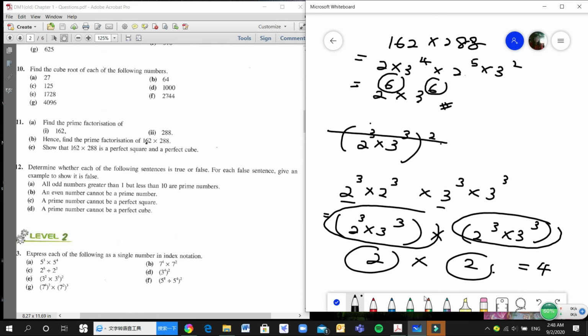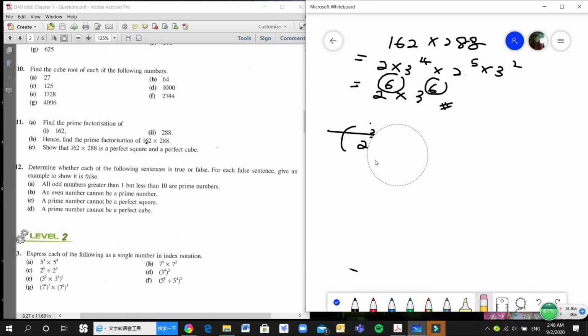And if I want to show a cube number, that means I need to split the number into 3 groups. So I see this is 6. If I want to make it 3 groups, maybe I need to split it into 2 to the power of 2. You can use the power 6 divided by 3, so I will have 2 squared, 2 squared, 2 squared. And the same also for the 3 to the power of 6 here.